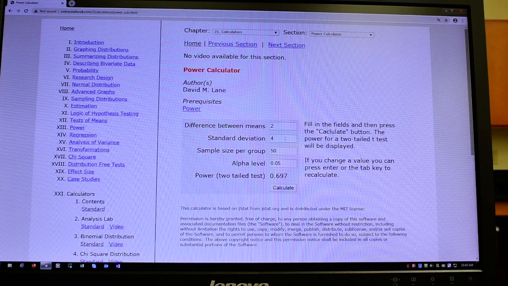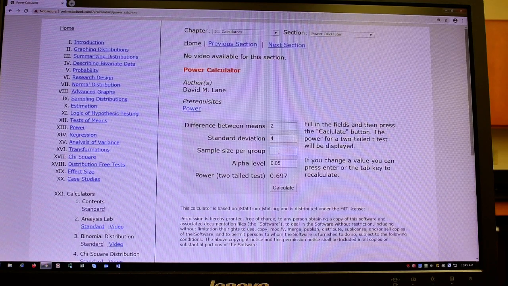So with a really big sample size like this, even with a lot of standard deviation, if the means are 2 millimeters apart, then you have a pretty good chance of rejecting your null hypothesis. With this particular calculator, you can play around with sample size and find out what would work for you.